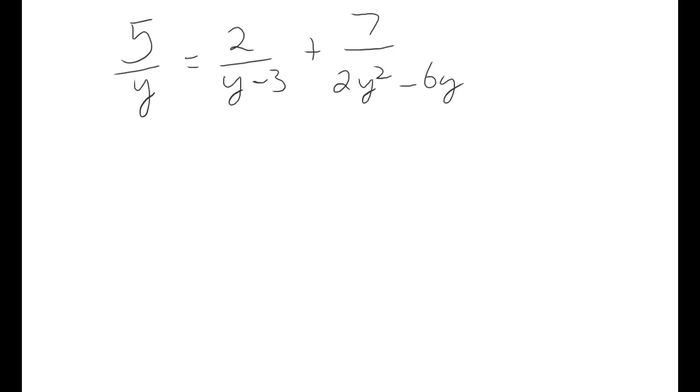Now, I couldn't do this on the last equation, but because every one of these fractions has a y in it, what I can do right from the beginning here is subtract 5y from both sides.